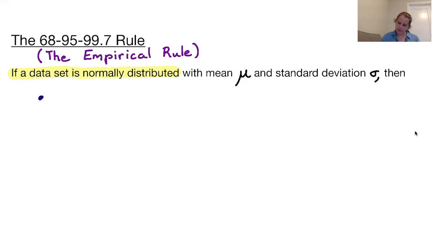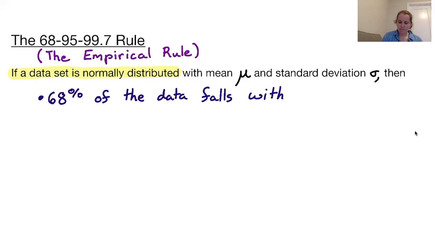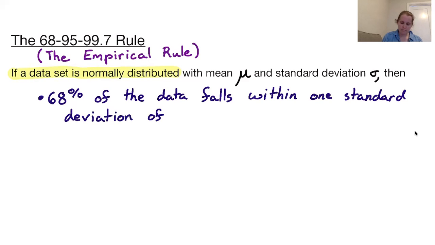68% of the data, so 68% of the data falls within one standard deviation of the mean. 95% of the data falls within two standard deviations of the mean.